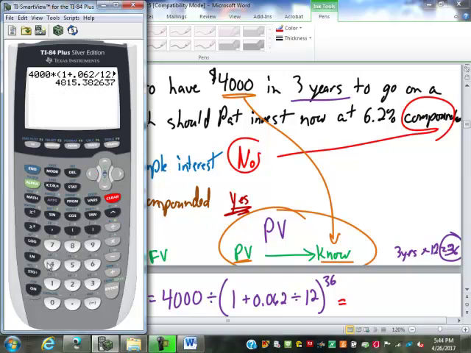Let's just start over. 4,000 divided by 1 plus 0.062 divided by 12 to the power of 36. There we go.